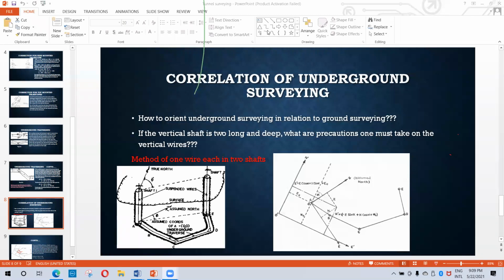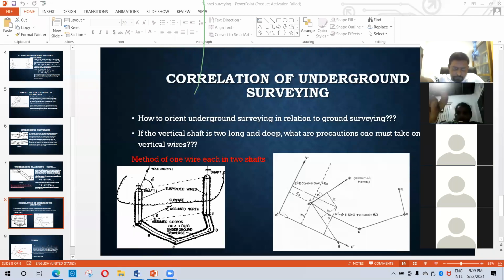Okay, any volunteers to answer the first question? Did you read section 3.9.2? Any volunteers? No volunteers?